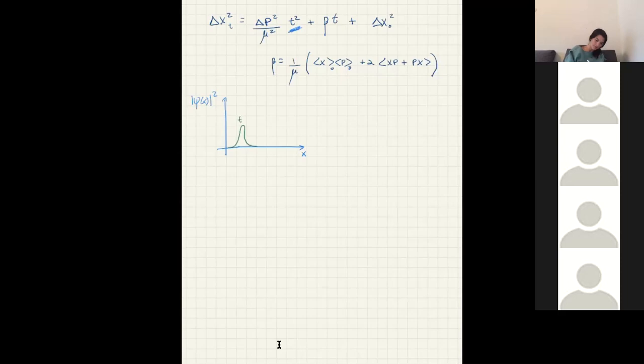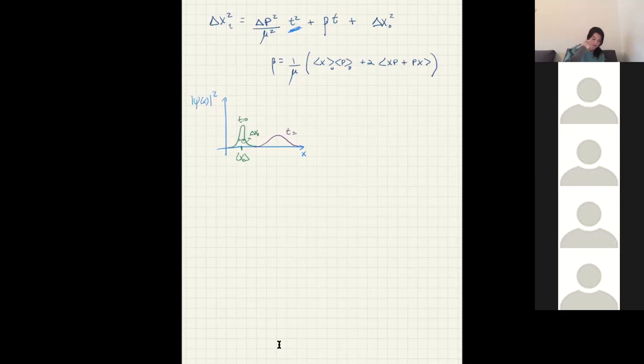And let's say that this is time equals 0. And suppose it's now moving to the right, then at a later time, it's going to be, so here is my, this is the x0, right? And here I have my delta x0. And later on, it's going to be, for example, something like this.